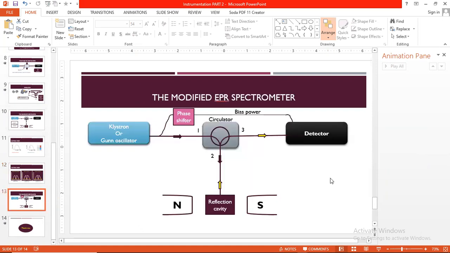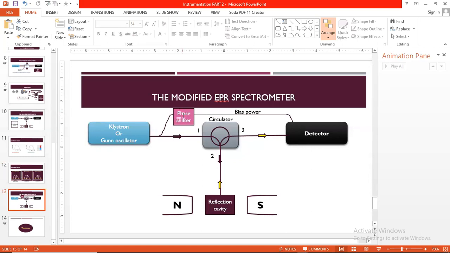So the second thing which can contribute power so that we can get a good range where the sensitivity is more: we can take additional microwave power directly from the source, not from the cavity, but directly from the source. So we use a phase shifter. This phase shifter is so that the phase of the power taken directly from the source will match the signal.